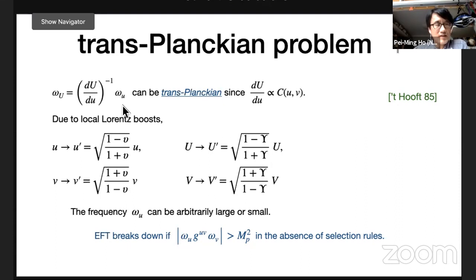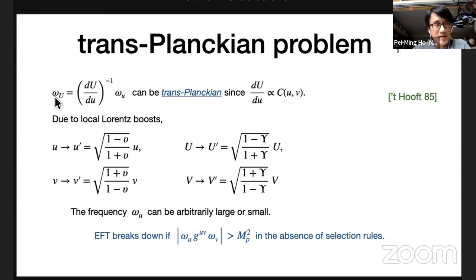The definition of frequency for a particle or quantum fluctuation for a distant observer and a free-falling observer is very different. They differ by the du over dU factor, which is proportional to the conformal factor. So when C goes to 0, a small frequency for a distant observer can be a transplanckian frequency for a freely falling observer.